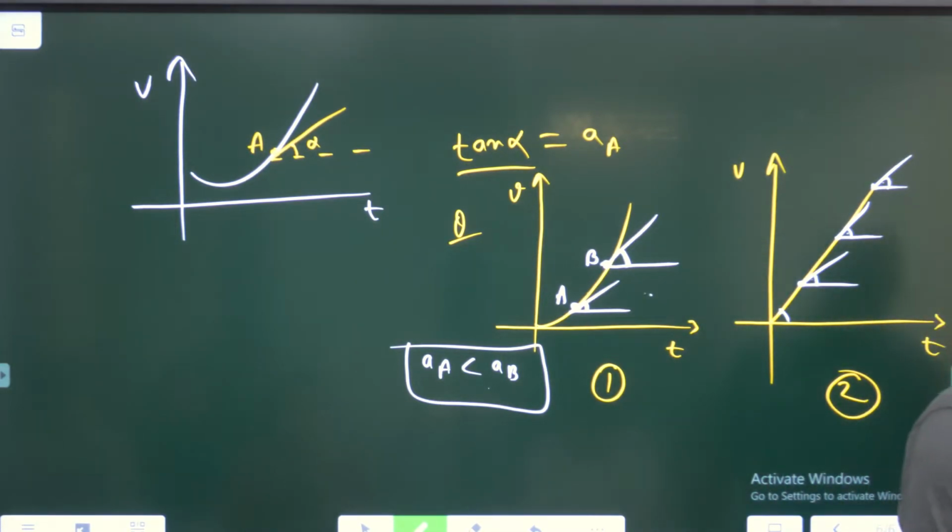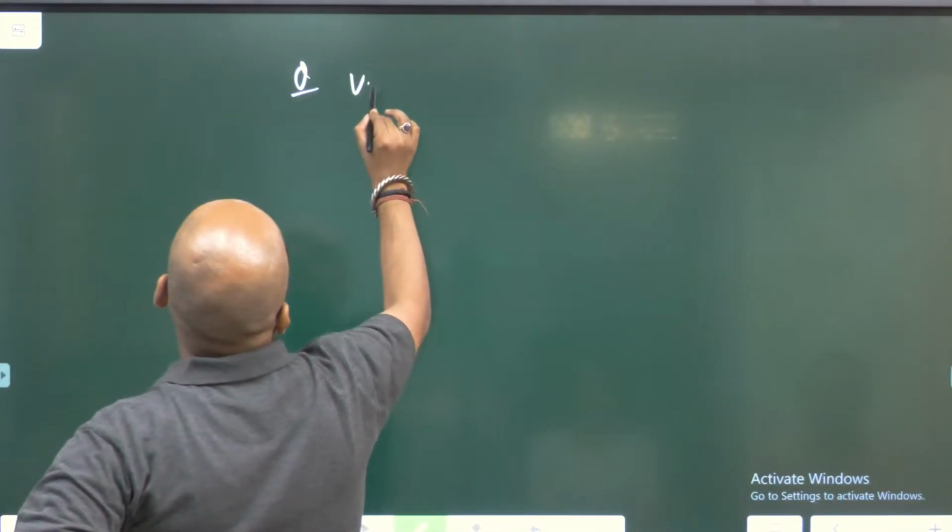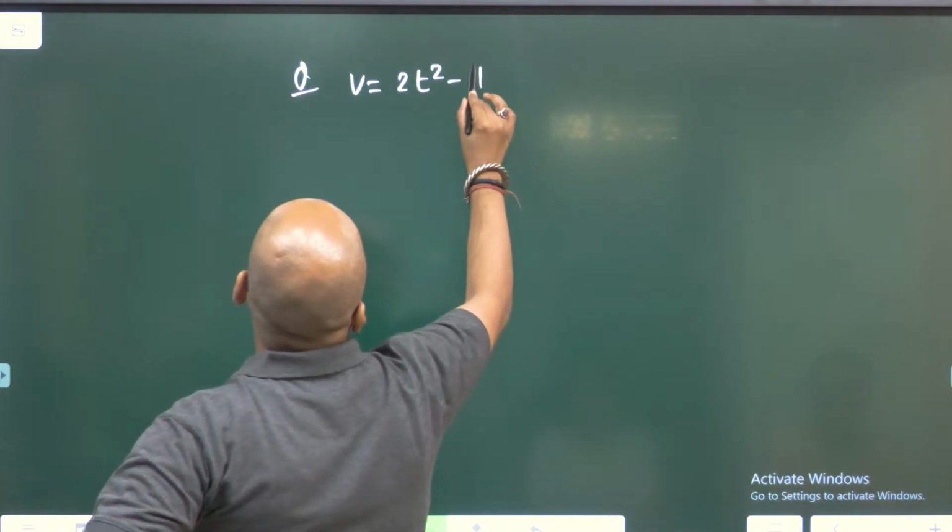Done? Yes. So V is equal to 2t square minus 4t.